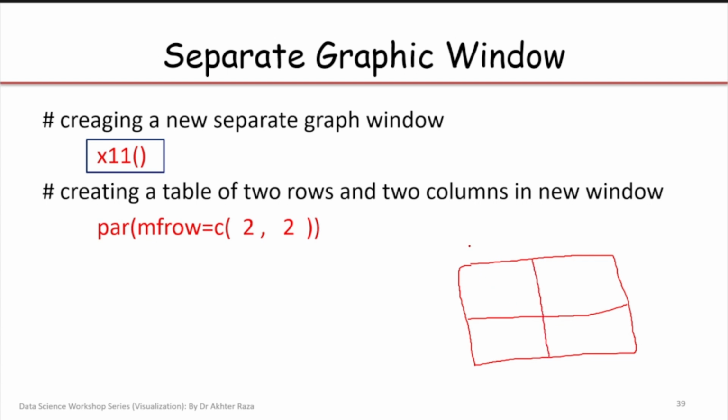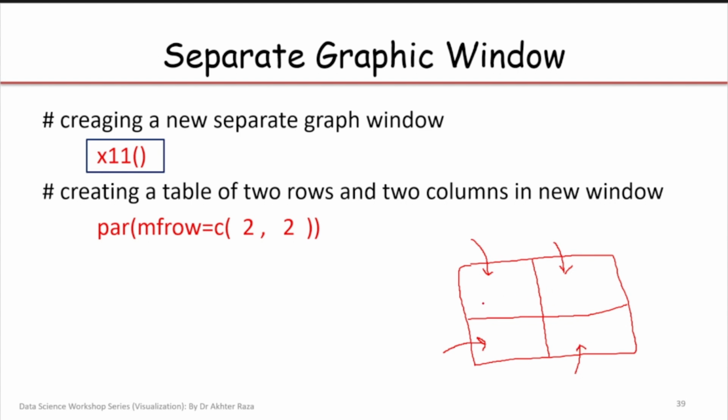The first plotting command will display the output here. The second display command output here. The output of the third plot command will be here, and similarly the last output will be here.